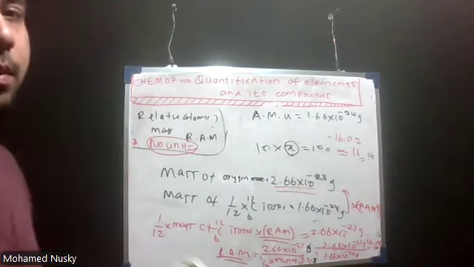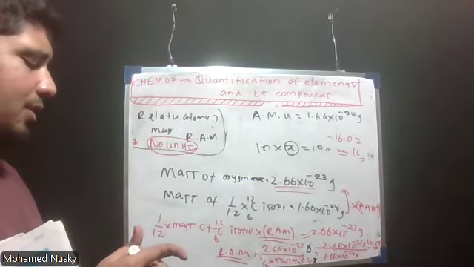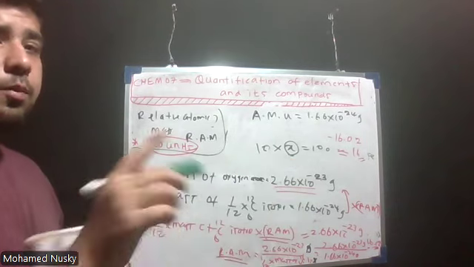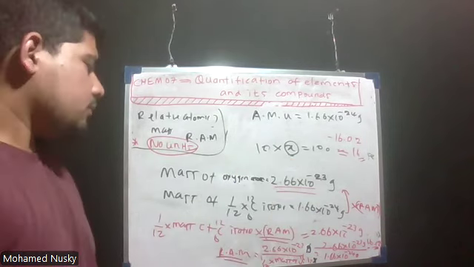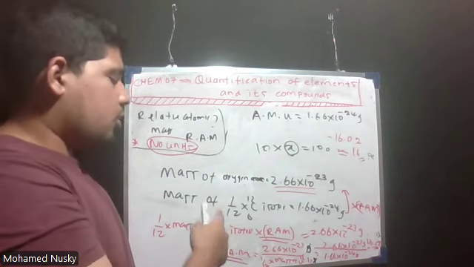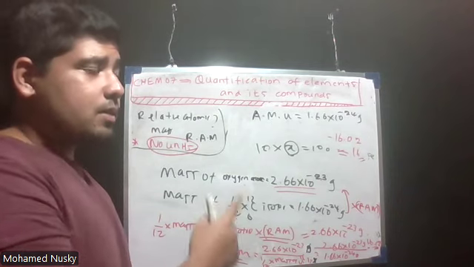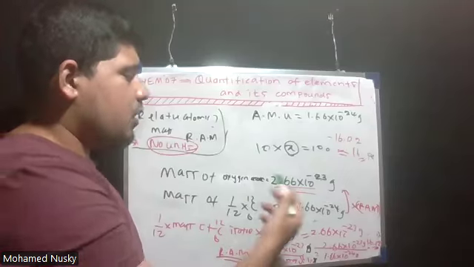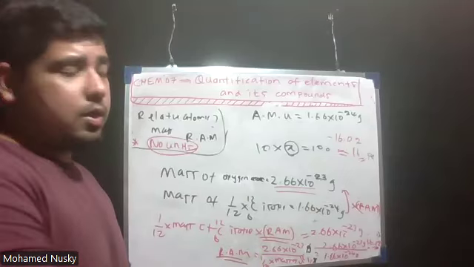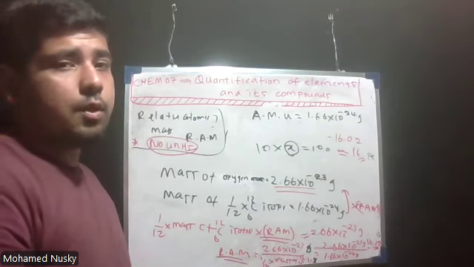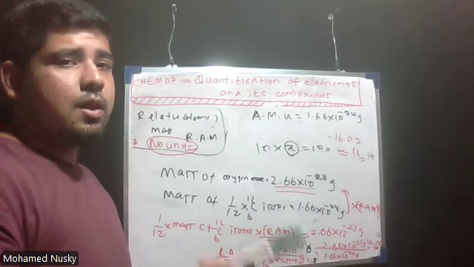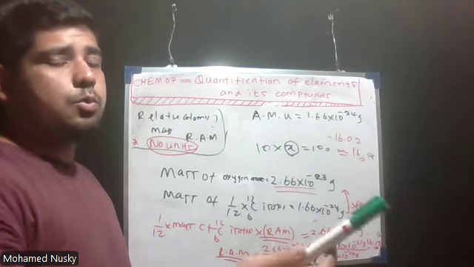I have given you the mass of an oxygen atom. What is its mass? 2.66 into 10 to the power minus 23 gram. And the mass of 1 by 12 the carbon 12 6 isotope is 1.66 into 10 to the power minus 24 gram. What is it actually? It is the atomic mass unit: 1 by 12 the mass of carbon 12 6 isotope.